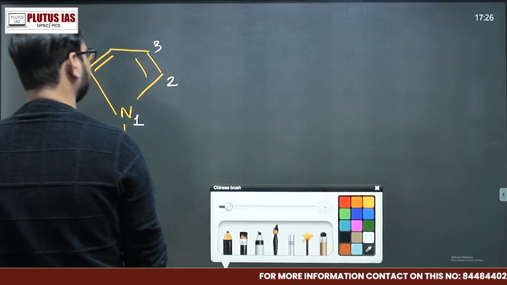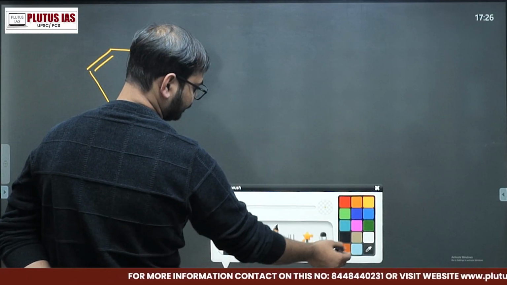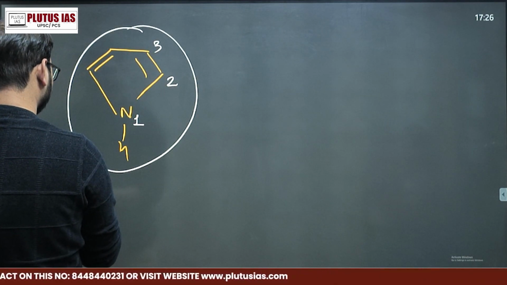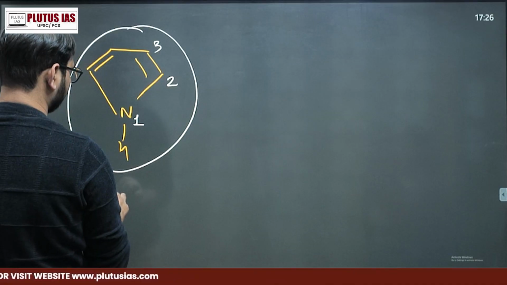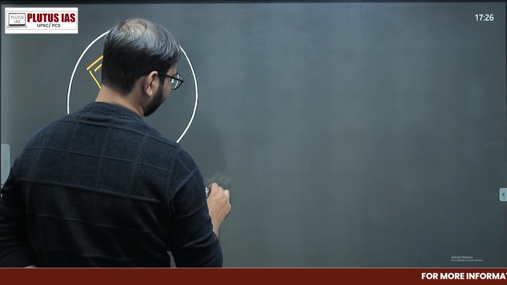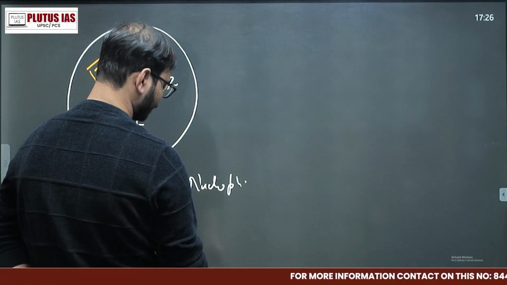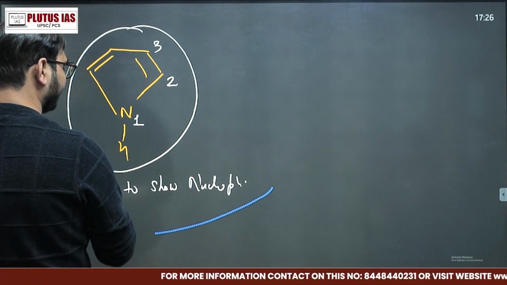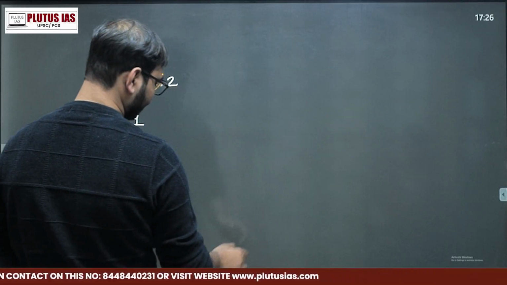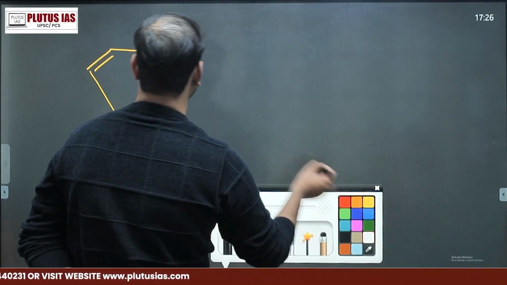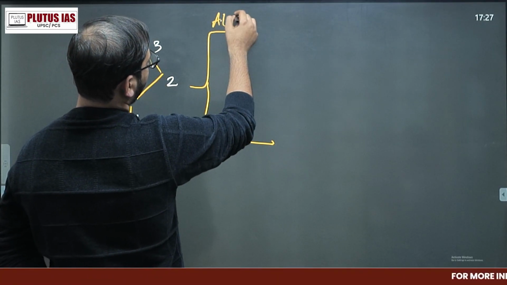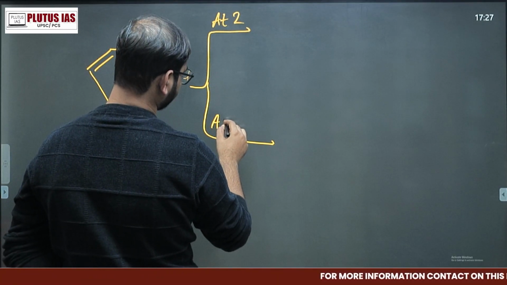If I want to add a nucleophile, the problem is that it has a smaller ring size, so it has less tendency to show nucleophilic substitution reactions. So in these cases, you can only take the reaction in terms of electrophiles. For any electrophile, again I have the option of two positions, position number 2 and position number 3.